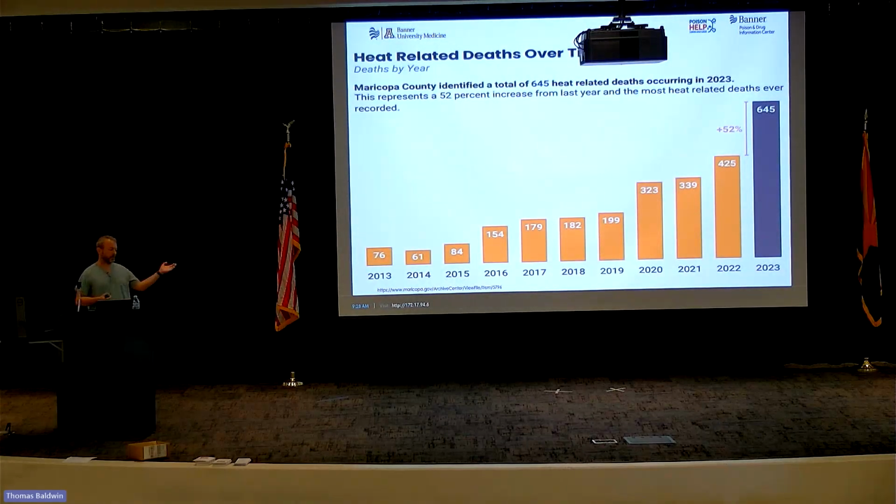As we look at what that means in terms of heat-related injuries, we can see that 2023, unfortunately, was another record year for heat-related deaths in Maricopa County. This was just put out last month as their 2023 summary on heat-related injuries, which had some pretty stark statistics. And you can see that there's a pretty consistent increase in the number of heat-related fatalities.